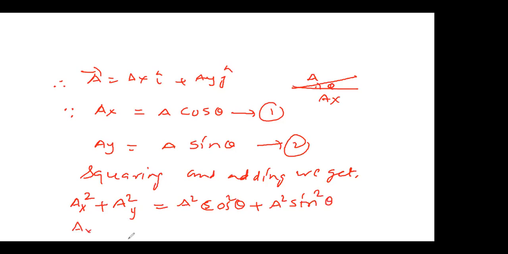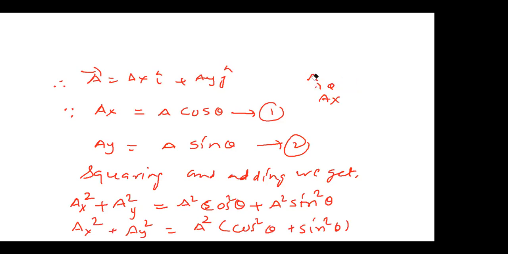So A x square plus A y square is A square common, inside cos square theta plus sin square theta. What is cos square theta plus sin square theta? 1.